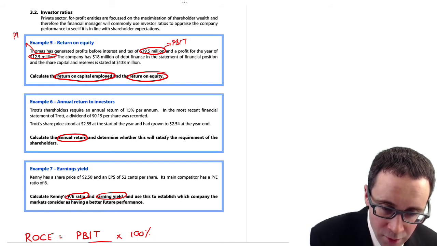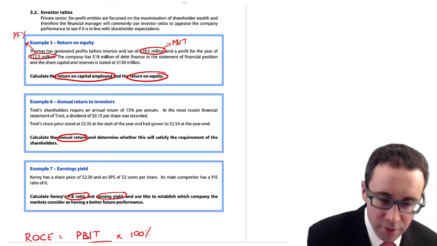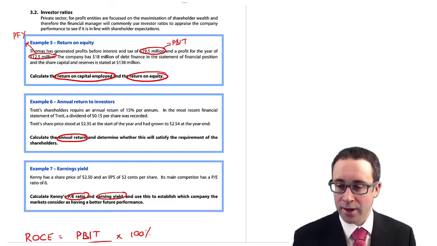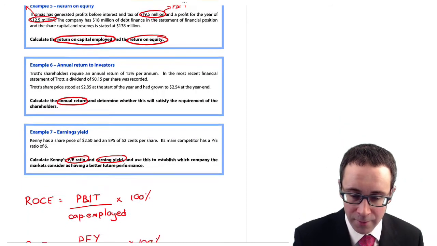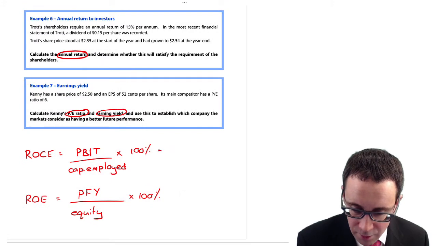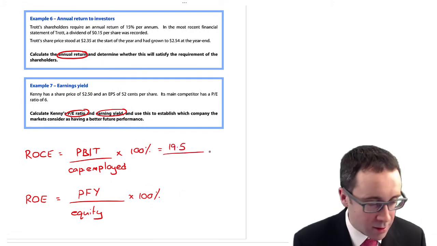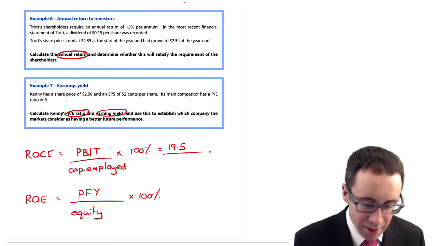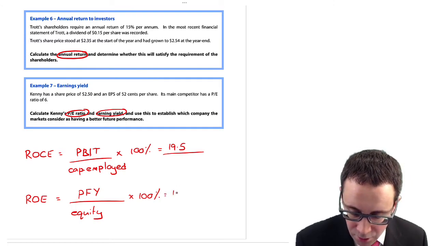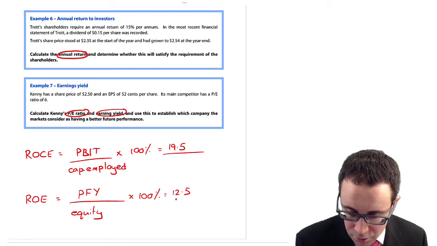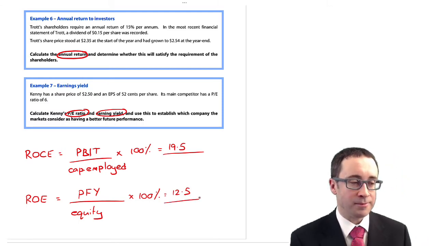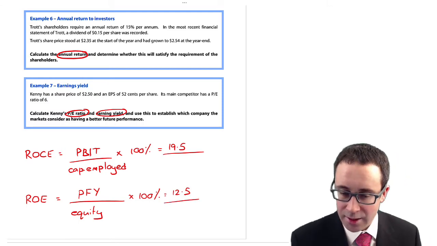Is that your profits for the year, isn't it? Okay, so when I'm using my formula down below here, we've got your 19.5 million, and then I think your 12.5 million. Okay, excellent.